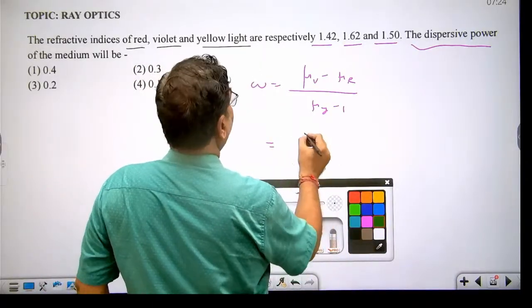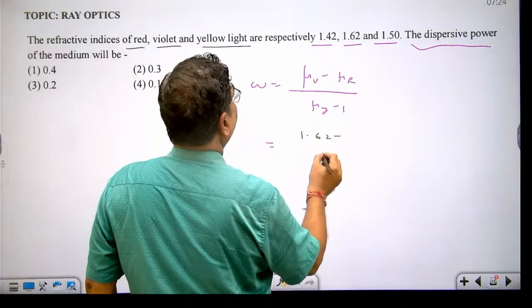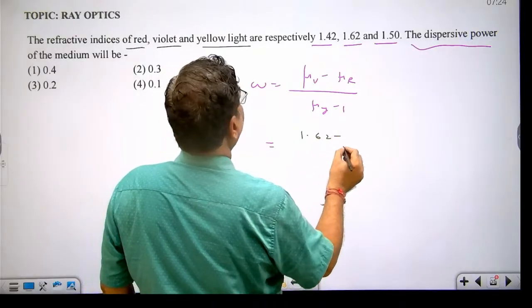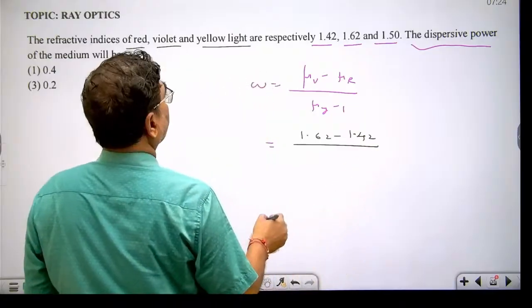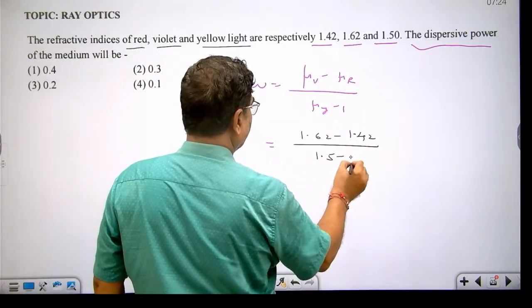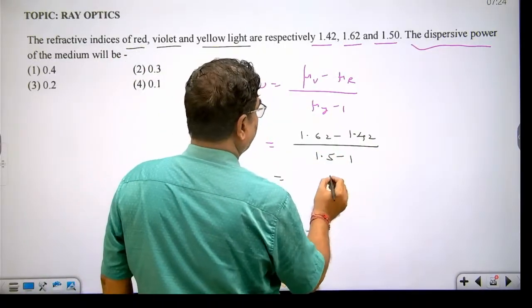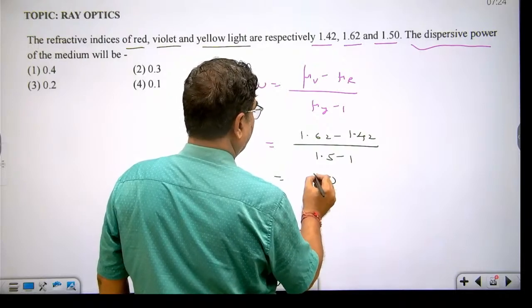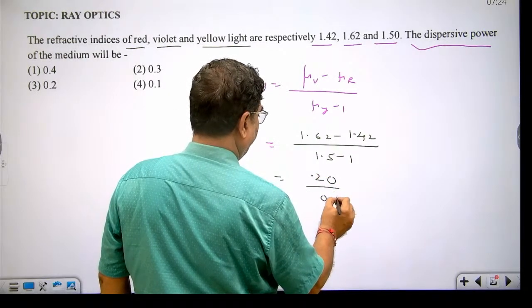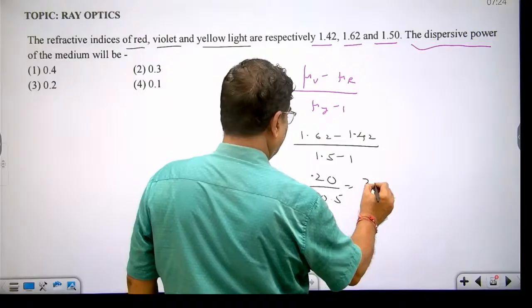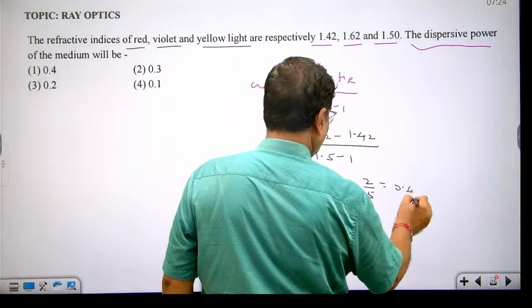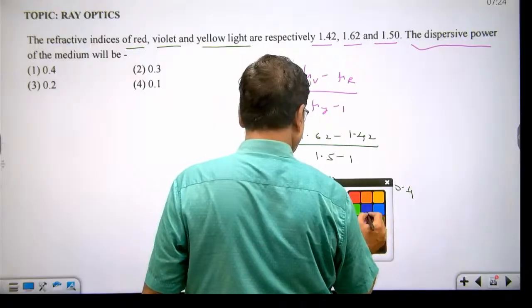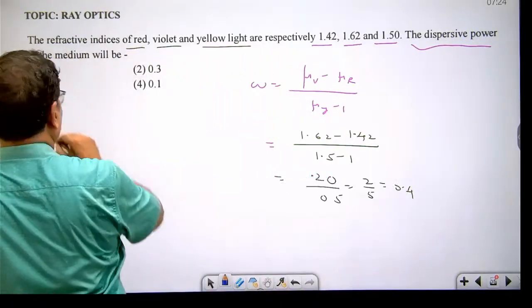Violet, 1.62. What is mu r? That is 1.42. What is mu y? 1.5 minus 1. So 0.2 upon 0.5. So this is 2 upon 5, which means 0.4. So out of 4 choices, the correct choice is option 1.